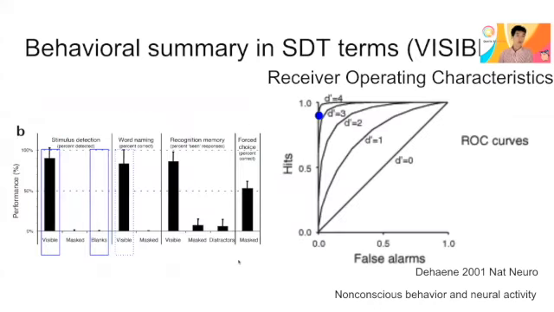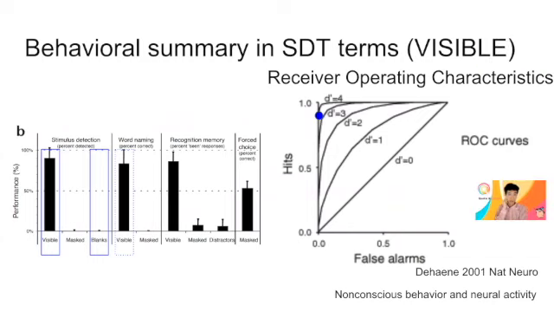So just to recap what we learned using signal detection theory, I'll try to explain this. First, in the stimulus detection paradigm, visible versus blank, almost 90% hit versus 0% false alarm. That corresponds to this point, which is almost a d prime of 4, and a very sharp ROC curve.